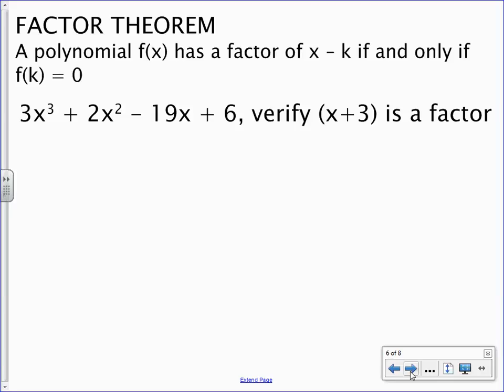If a polynomial has a factor x minus k, if our function value is 0, okay, like we just found. We just found a function value of 0, which means we knew a 0, which means we knew a factor. Okay. If we know a 0, we know a factor. If we know a factor, we know a 0. That is what that theorem is saying right there.